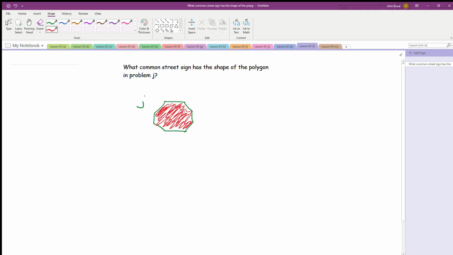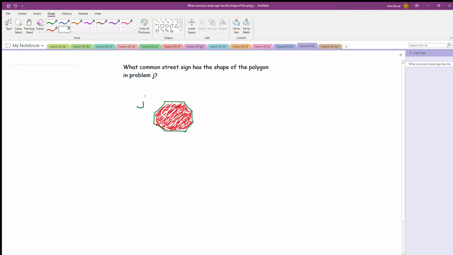Does that give you a hint? No. What if I wrote, let's see here. Let's go ahead and go to the white color. I'm pretty sure that's what color they are. And I wrote an S here. Does that give you a hint?